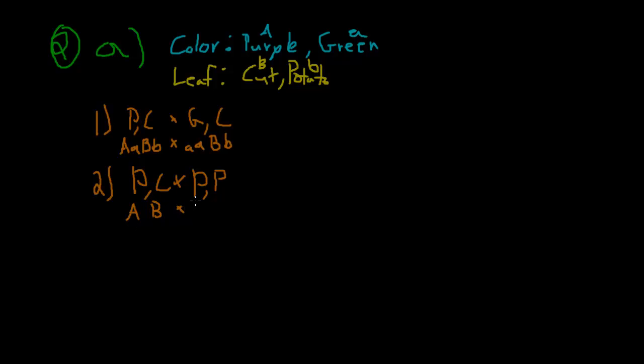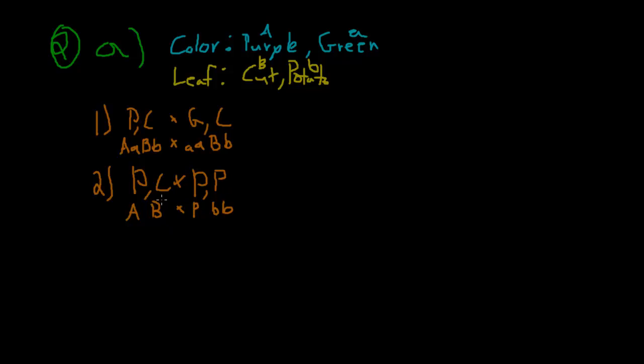And it's crossed with a parent that has purple color, so it has at least one dominant allele. The second one we don't know. And it has potato-shaped leaves, which we know is recessive, so automatically we know it must have little b. Now we can look at the data to try to fill in these blanks.